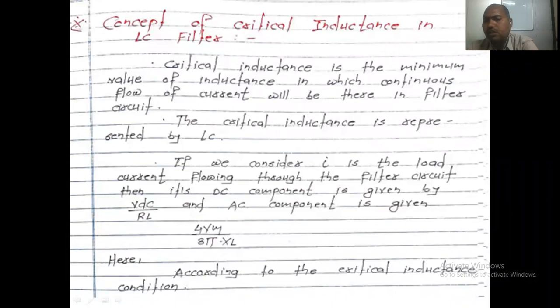So critical inductance indicates the small or minimum value of the inductance in which continuous flow of the current will be there in a filter circuit. Okay, now actually critical inductance indicates that it is the small amount of the inductance which should be used in the circuit, which causes the continuous flow of the current in the filter circuit. That is the definition with respect to the critical inductance.